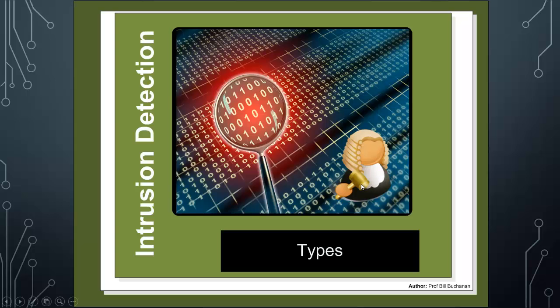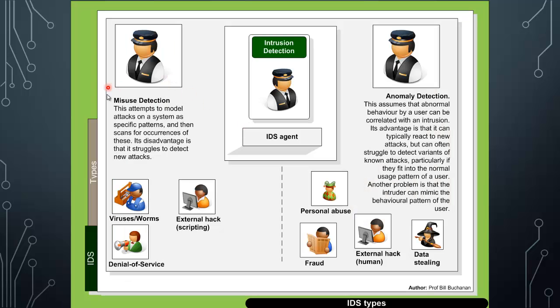What are the different types of IDS systems that we actually get? They normally split into two main categories, and that's ones that do misuse detection. With misuse detection, we're looking for standard signatures of viruses and worms, a standard sign of a denial of service attack, and some sort of external scripting. So this type of IDS is useful for standard types of attacks.